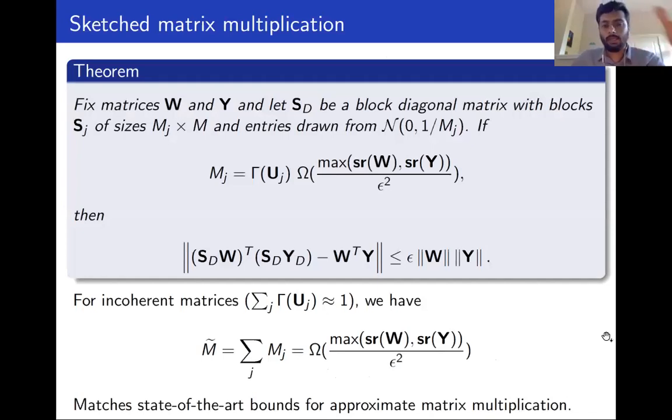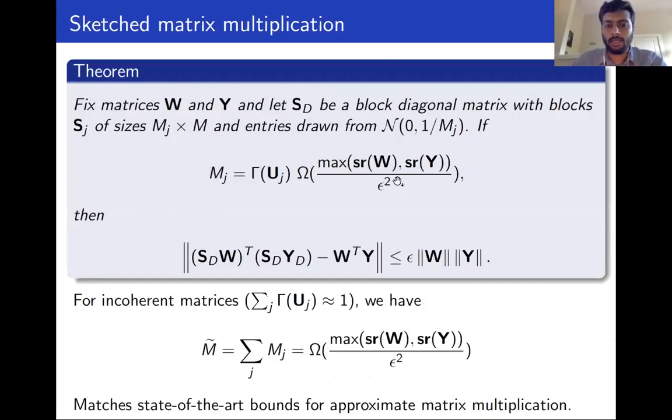Now, with all these quantities defined, what we're going to do is design this block diagonal matrix in such a way that each block, whose size is m_j, has entries drawn from a Gaussian random distribution, and the size of the block matters a lot.